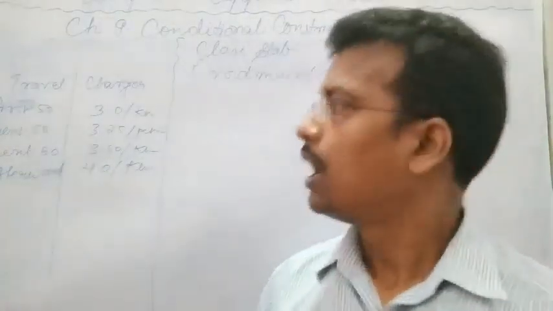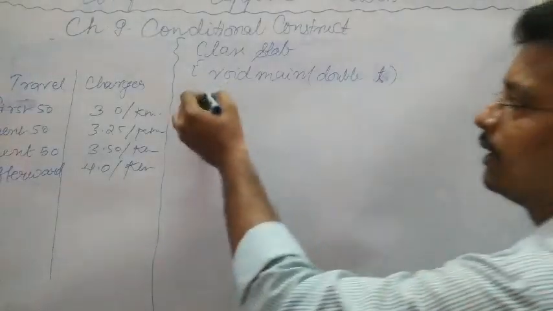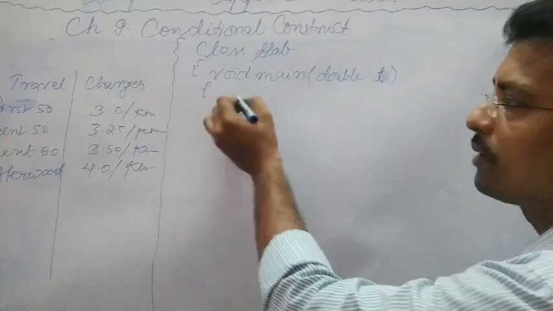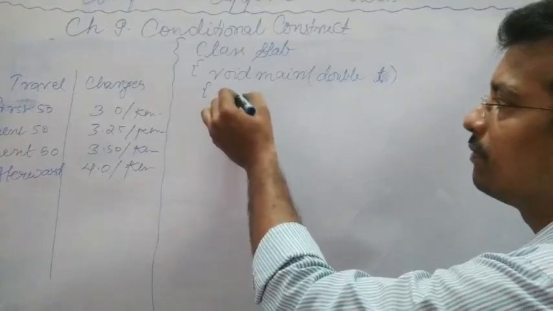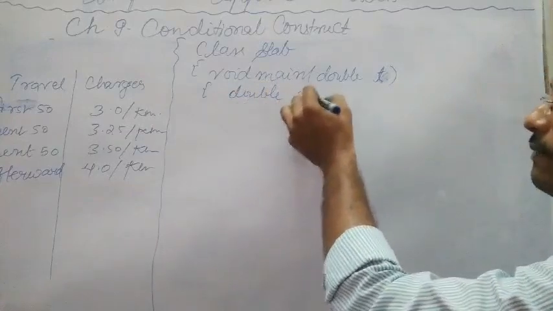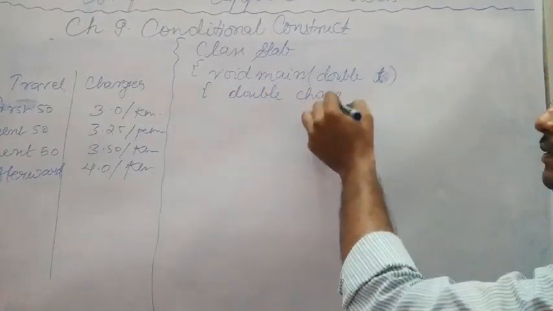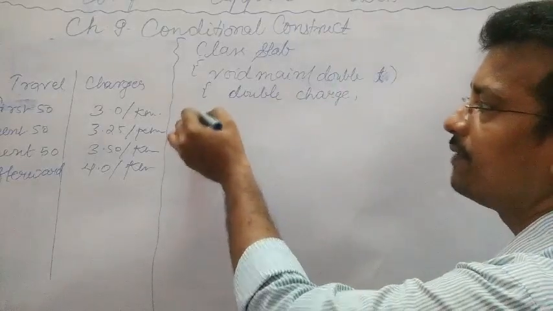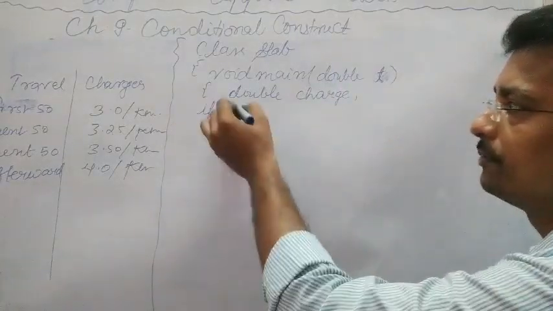Clear? After that, we will directly call this travel value in the condition. Before the condition, we will calculate the charge also, so we need a variable charge. After that, see what happens. We will call our first condition.